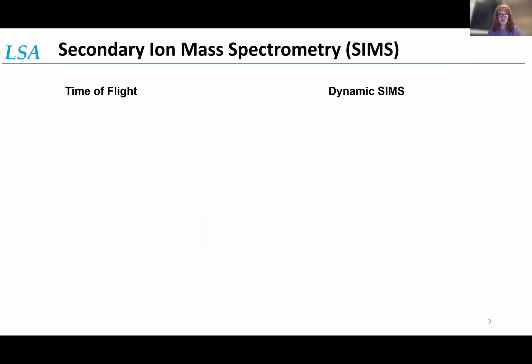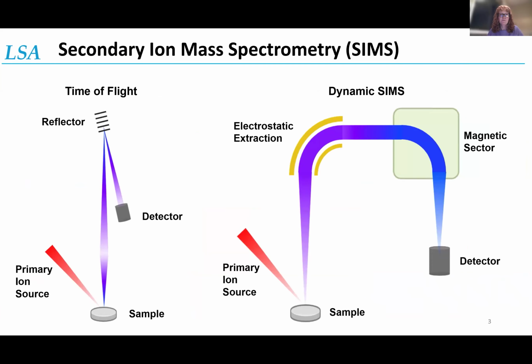So I'm first going to talk to you a little bit about time of flight and dynamic SIMS and how they differ. So both techniques use a primary ion source with time of flight, which is normally run in static SIMS mode. It's a pulsed primary ion beam, whereas with magnetic sector SIMS or dynamic SIMS, we use a continuous primary ion beam.